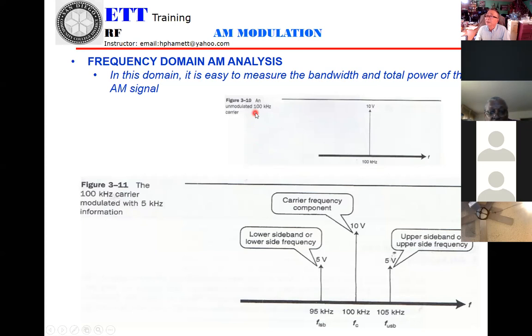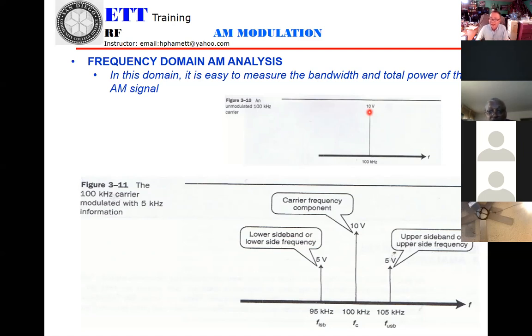an unmodulated 100 kHz carrier. So basically they display for you the carrier at 100 kilohertz and the value will be 10 volt. You don't see any sideband, anything, any square wave. They are just telling you at a certain frequency what the amplitude or the value of the signal is.